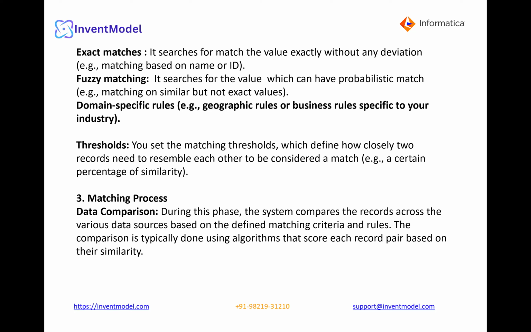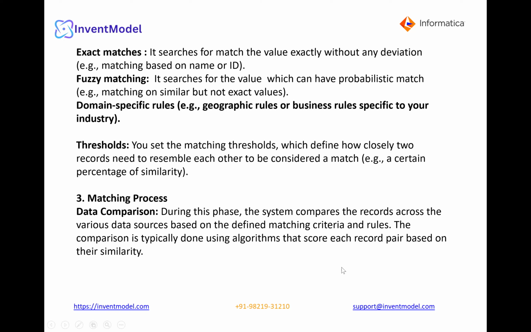Whatever values are probably matching, it will pick those values and consider them for the matching criteria. And then there is a threshold. We set the matching thresholds, which define how closely two records need to resemble each other to be considered a match, for example a certain percentage of similarity. In that case, we will be defining the threshold.